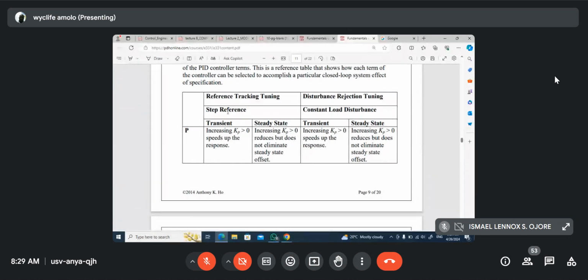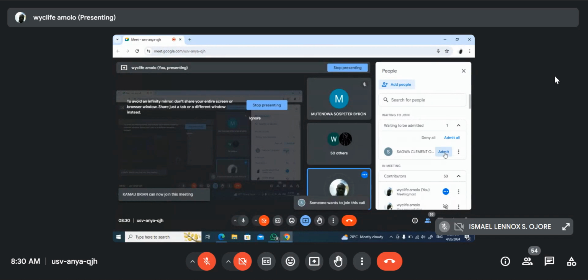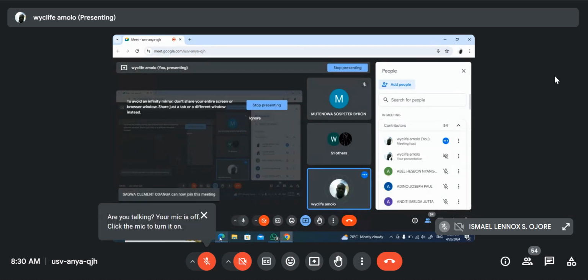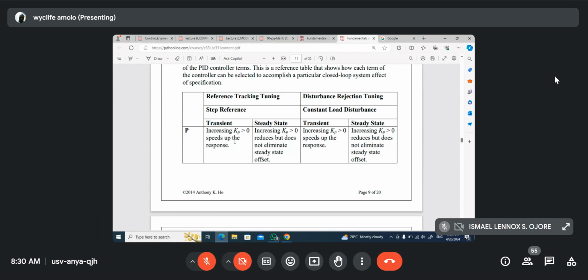In the step reference, when you're using the proportional part of the PID, for the transient part, increasing Kp to a level greater than 0 speeds up the response.